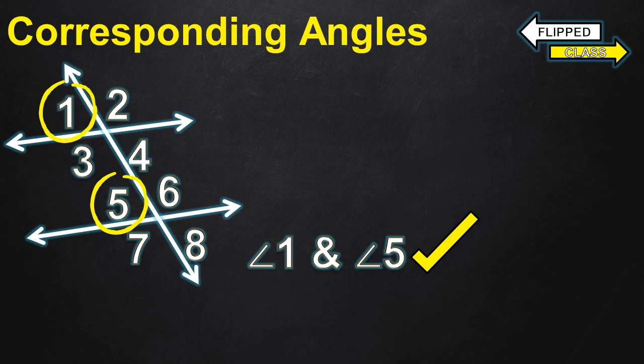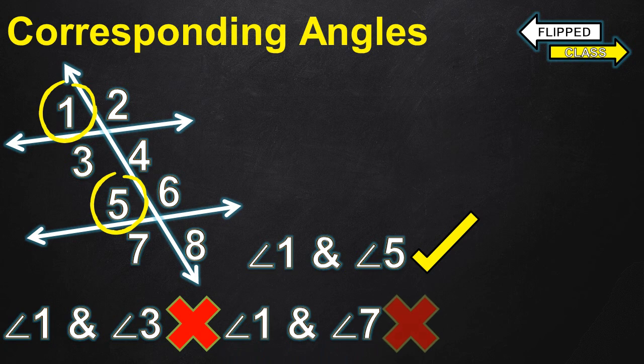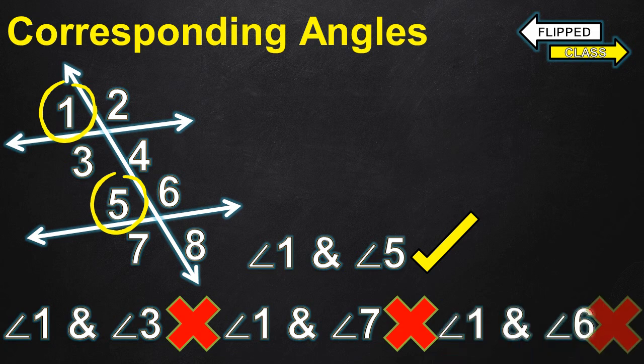However, angle 1 and angle 3 are not. As well as angle 1 and angle 7, they are not corresponding angles. And lastly, angle 1 and angle 6 are also non-corresponding angles.